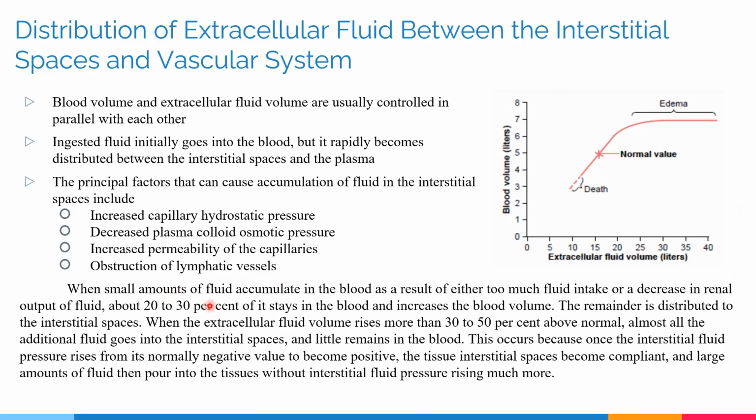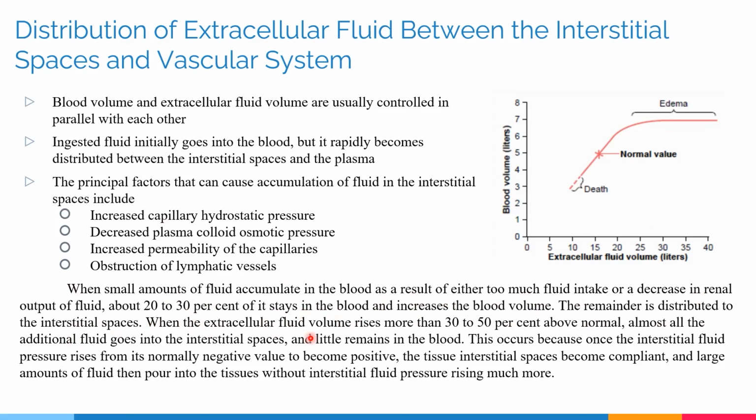When small amounts of fluid accumulate in the blood as a result of either too much fluid intake or decrease in renal fluid output, about 20 to 30% of it stays in blood and increases blood volume. The remainder is distributed to interstitial spaces.